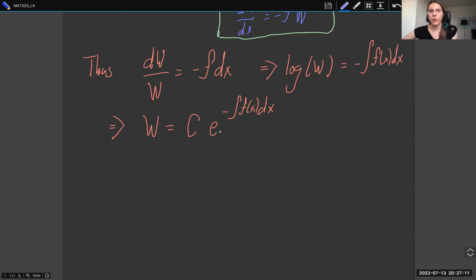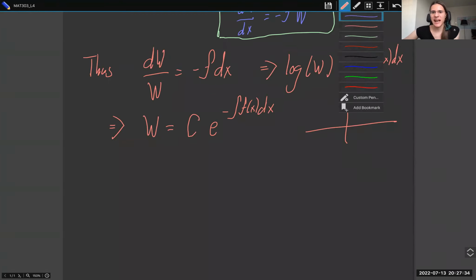And what's really cool about this function? This function is the exponential of something, right? And what can you tell me about the exponential? Do exponentials have zeros? Right. So if we think about the graph of the exponential, it doesn't have any zeros.